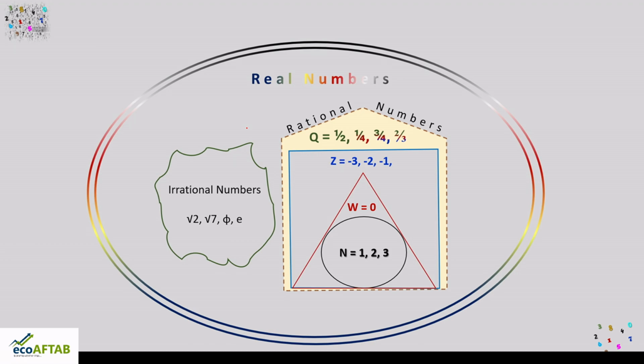So this is all about the number system up to real numbers. Most of the time in our day-to-day life, it may be in social sciences, it may be in economics, it may be in commerce, you see this type of numbers. So all these numbers are real numbers.